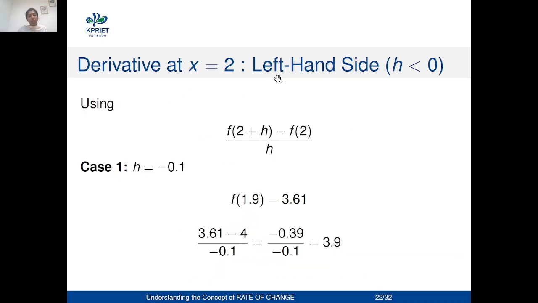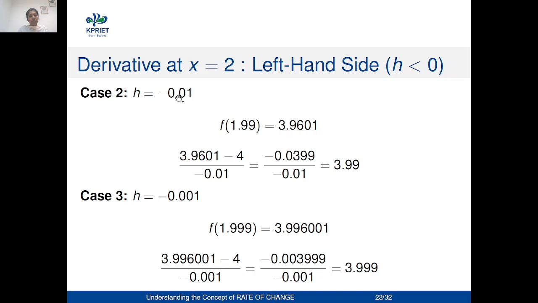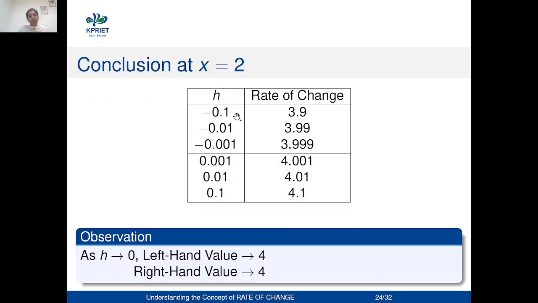And similarly for the left hand side, if I consider h as minus 0.1, it gives 3.9, and minus 0.01, it gives 3.99, and for h minus 0.001, it gives 3.999. So here we can have a beautiful observation.